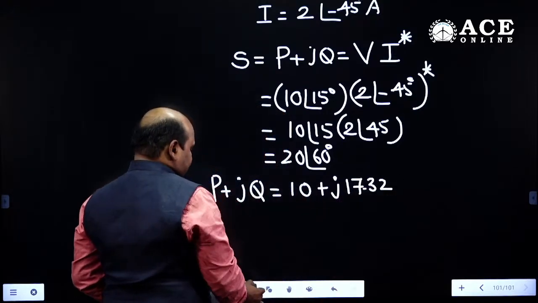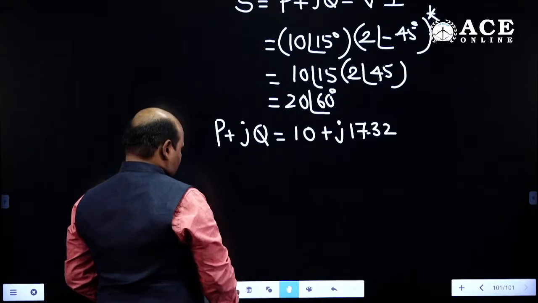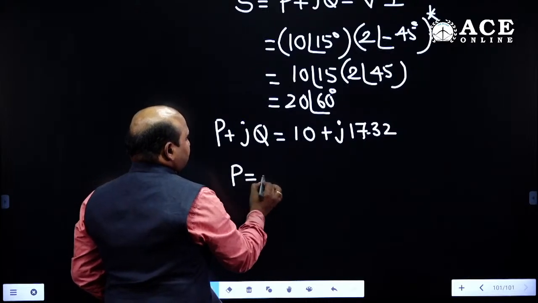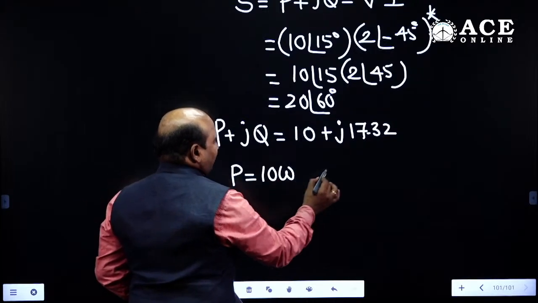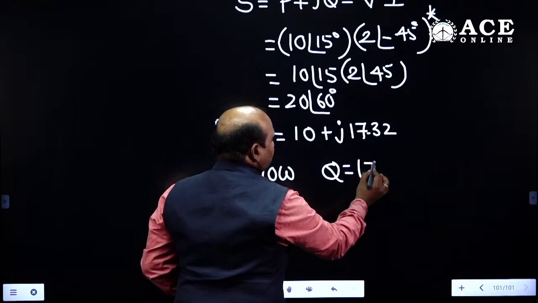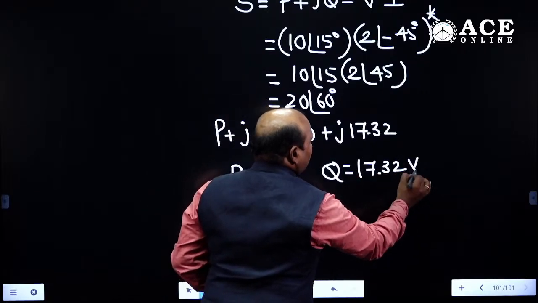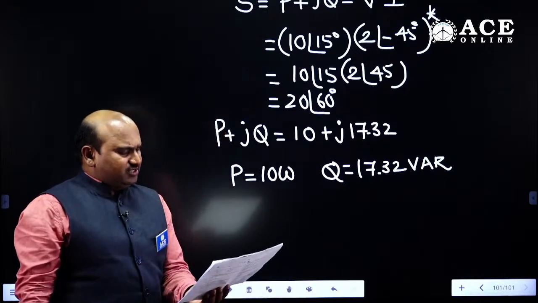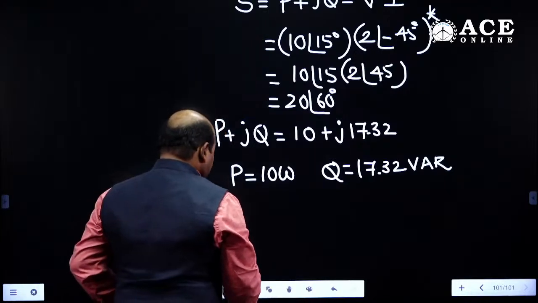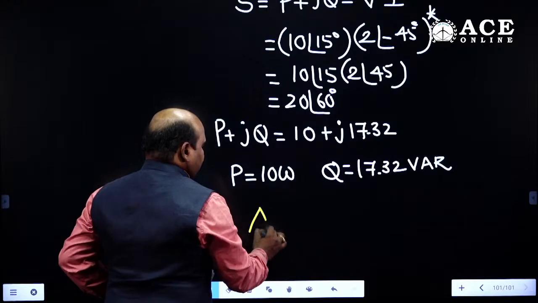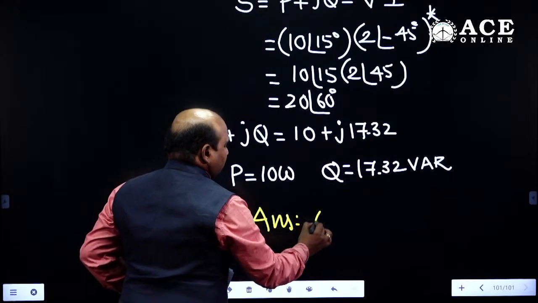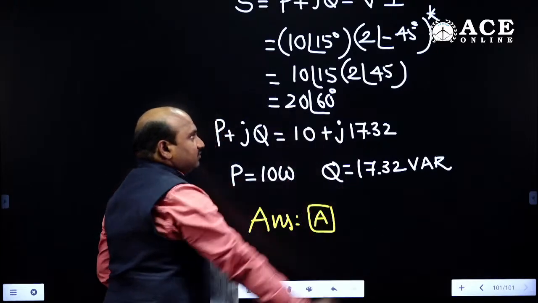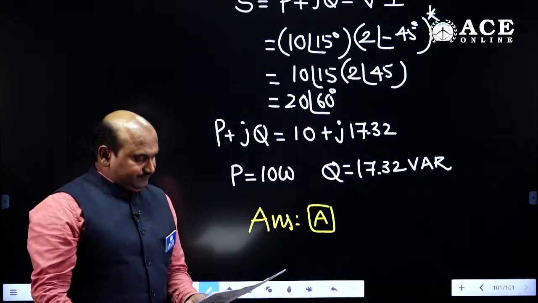Finally, P is equal to 10 watts, the active power, and reactive power Q is equal to 17.32 volt ampere reactive. According to the given options, option A is the correct one. Got it? It is very simple.